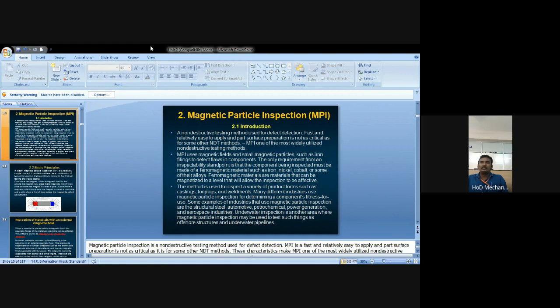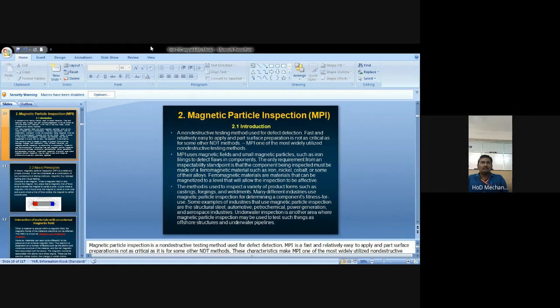Ferromagnetic materials are materials that can be magnetized to a level that allows the inspection to be effective. The method is used to inspect a variety of products such as castings, forgings, and weldments. Many different industries use magnetic particle inspection; some examples are structural steel.